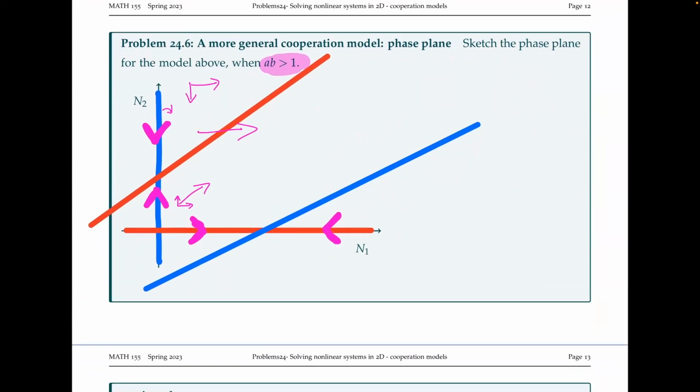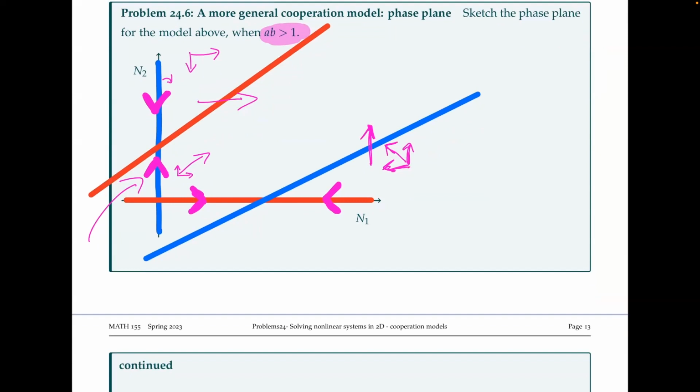In this bottom triangle below the blue line, I know I must be moving left. And because the arrow over here is moving up, this arrow has to be moving up. I'll be moving to the left. So in this region, I'm moving up and to the left. That's all I need to tell me what's going on here.